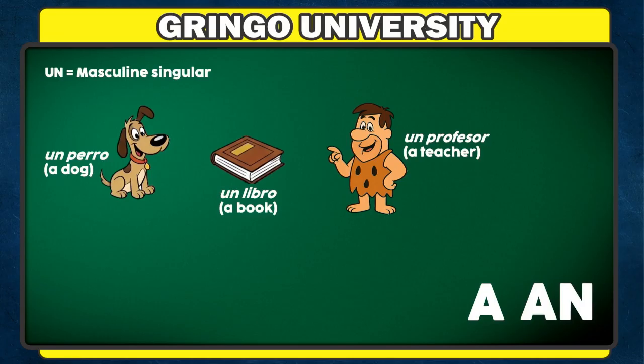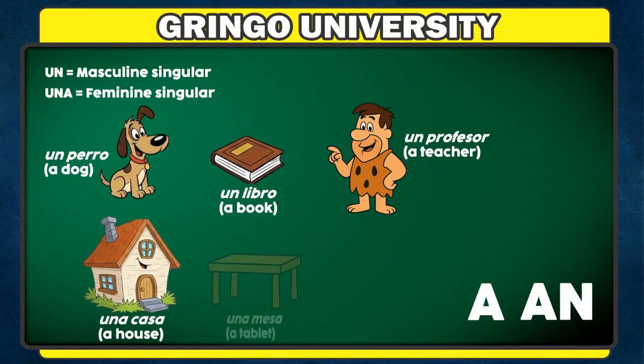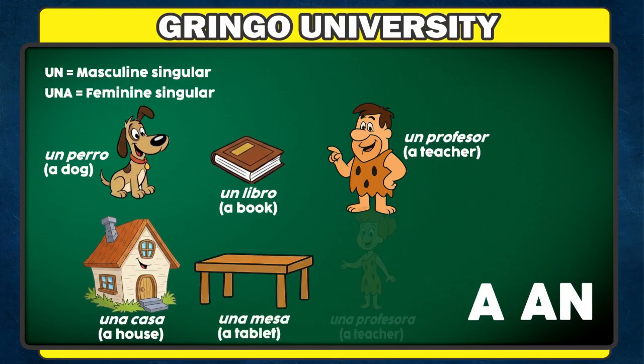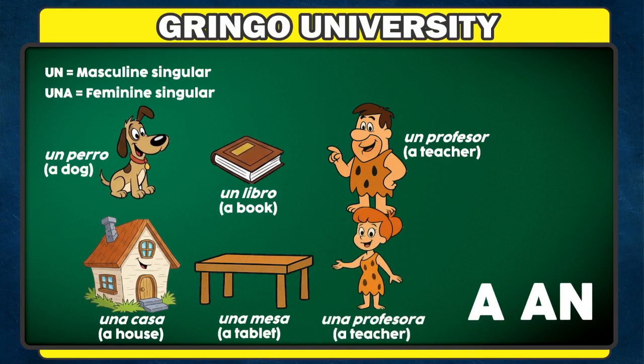We care about macho versus chica. Now, una. That's for feminine singular nouns. For example, una casa, a house, una mesa, a table, una profesora, a teacher. So in English, a house, a table, a teacher. In Spanish, gender decides, not the alphabet.